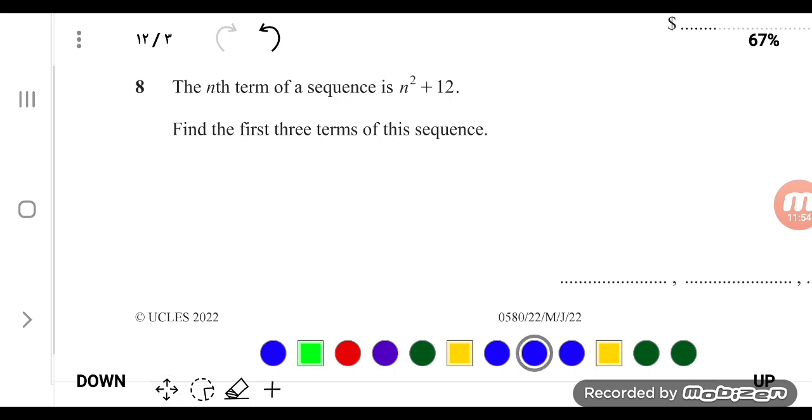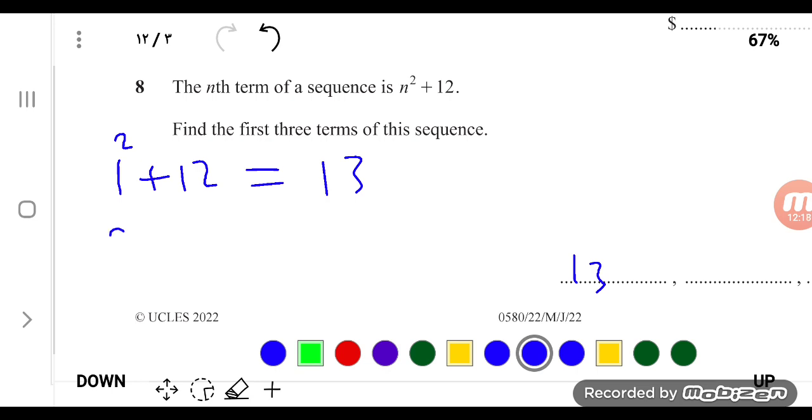Now here what we have to do is to replace n by 1, then 2, then 3, then we get the 3 terms of the sequence. So first one, 1 squared plus 12, we get 13. That's first term, we write it here, 13.